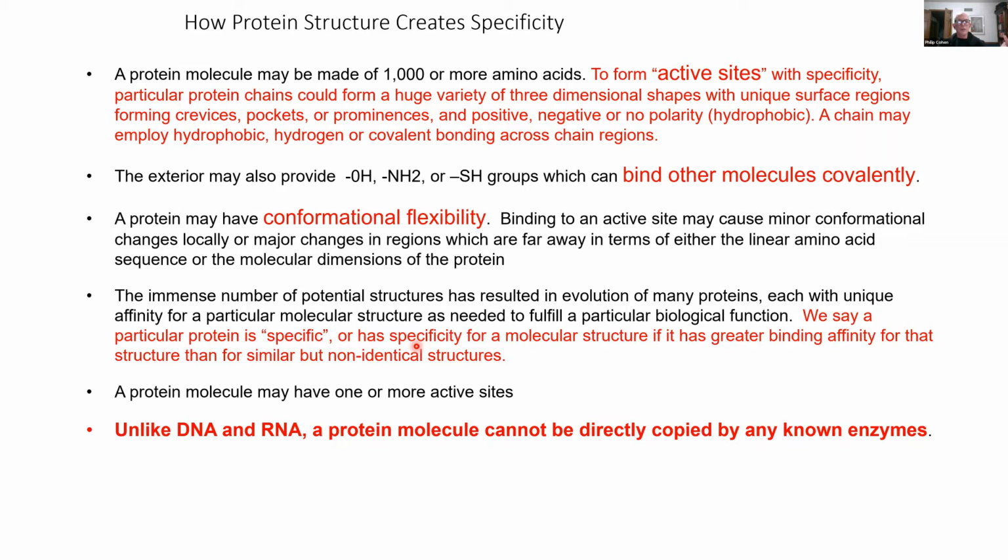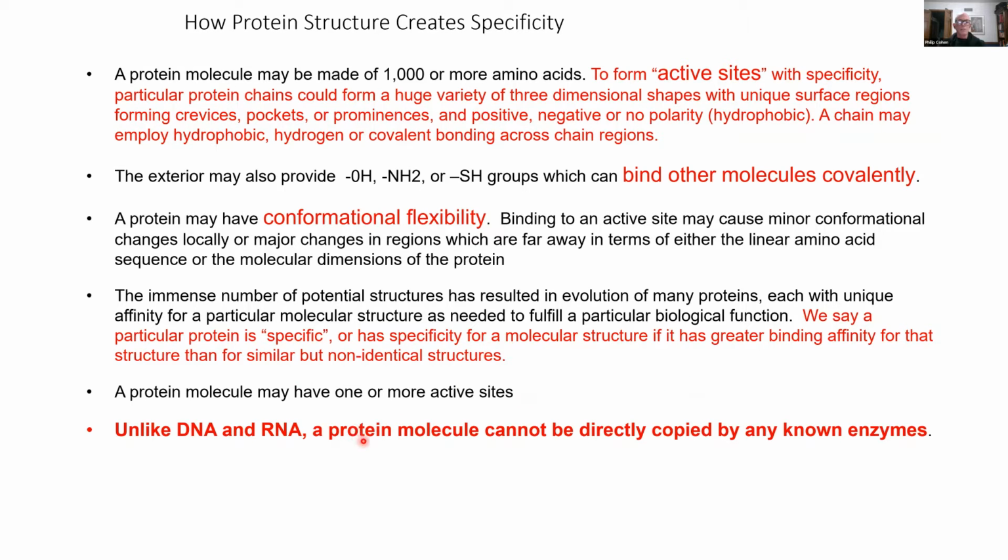And by specificity, I mean that there's an affinity for a molecular structure that is for that molecule, but not for something that's closely related, but not identical to that molecule. And that specificity would occur at what is often called an active site. And a protein molecule may have one or more active sites.